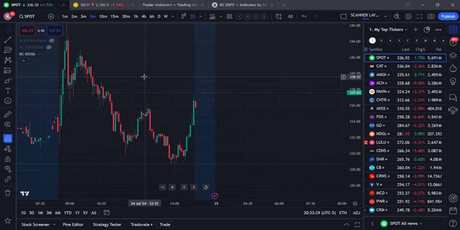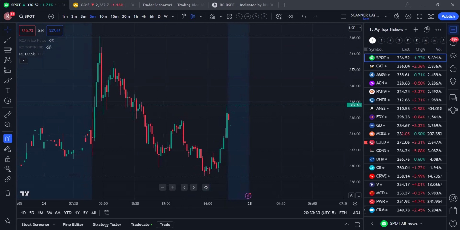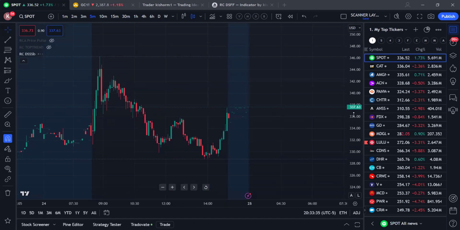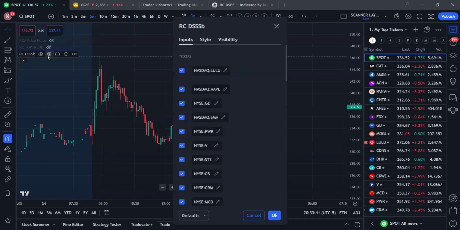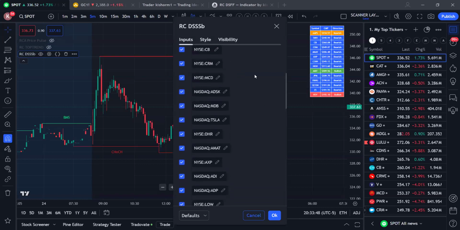We know that overall Spotify is in a bullish trend, right? If you want, you can always uncheck some of the tickers which you don't trade so that it will be much faster, right? Otherwise, it will calculate everything and then display.